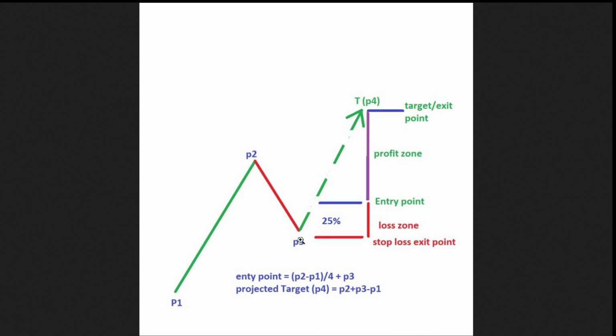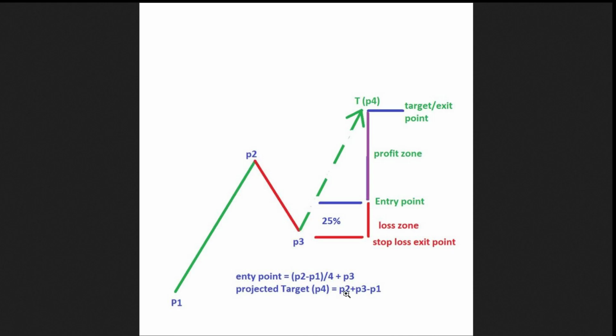We assume a symmetry for the model, and so the P1 to P2 distance here will probably be the equivalent distance here. So we'd say the projected target P4, this point here, would be P2 plus P3, take away P1. Or essentially you could do this the other way, saying P2 take away P1 plus P3. They're the same equation.